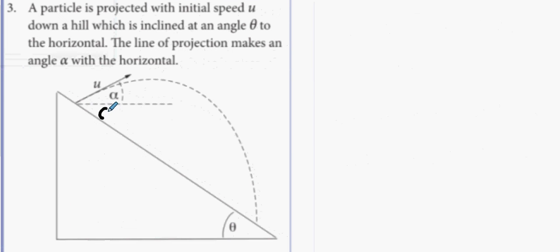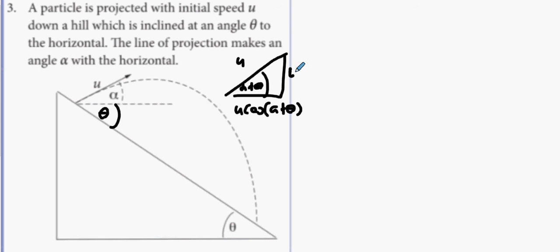Look at question 3 next. In this case here, you're going to put theta in there because it's an alternate angle to the plane. So oddly enough, it's going to be a plus theta. So you can have u cos alpha plus theta and u sine alpha plus theta.